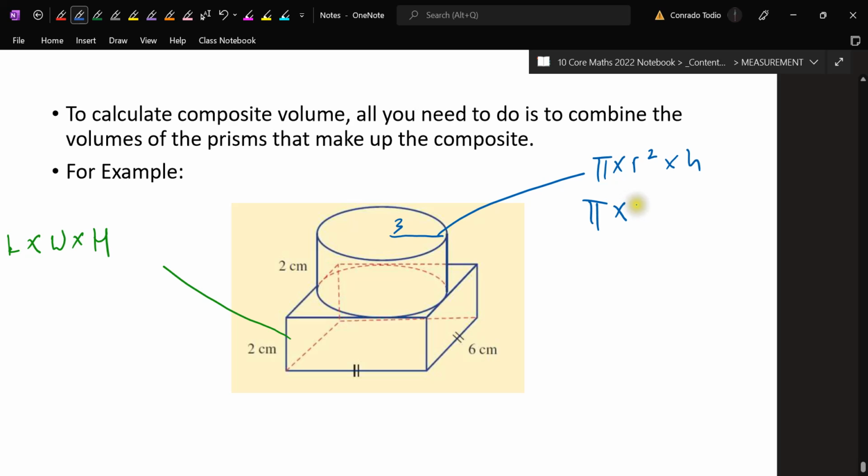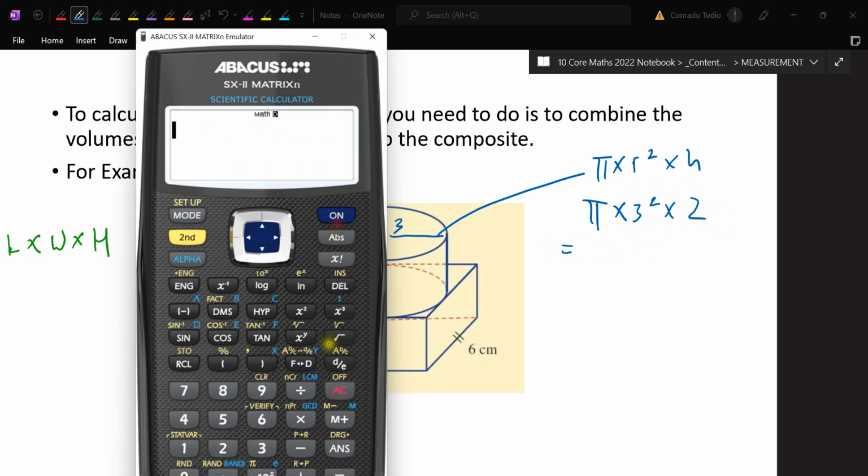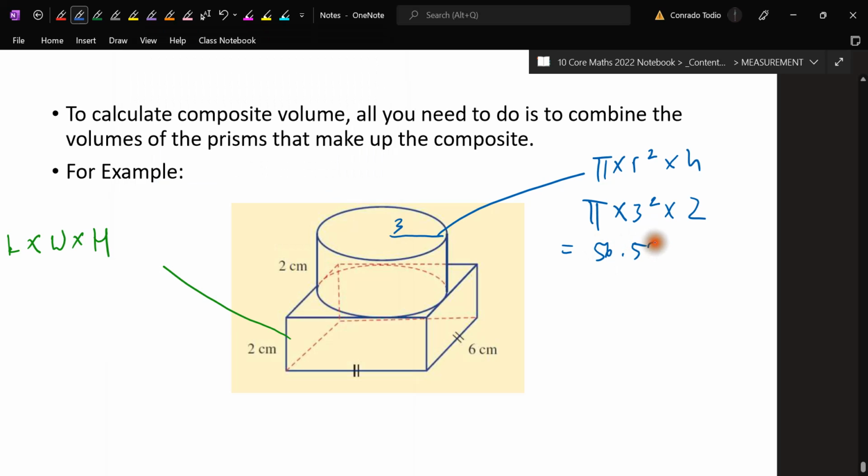So it's pi times 3 squared times a height of 2, which equals 56.55 centimeters cubed. Okay, so that's the first part, just the top.